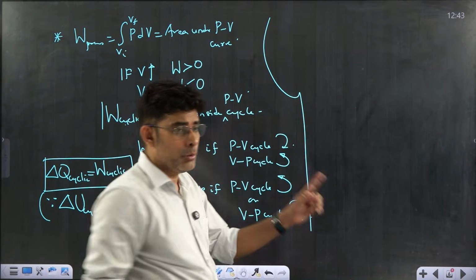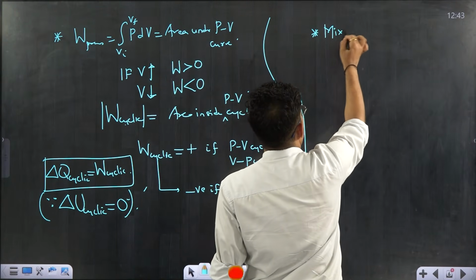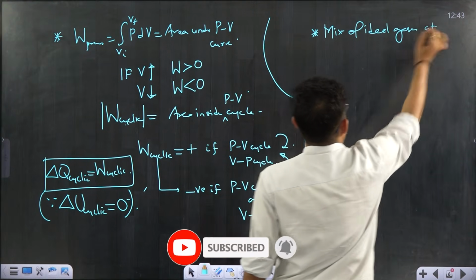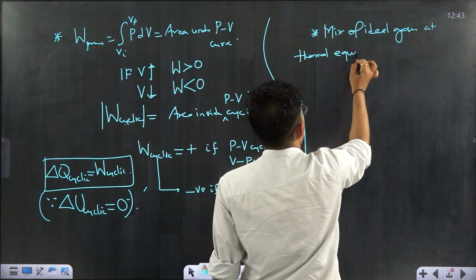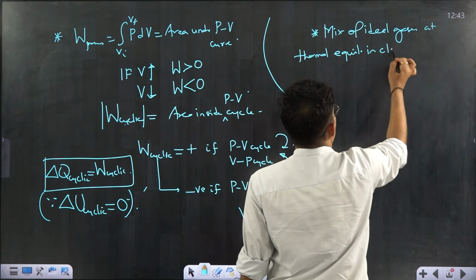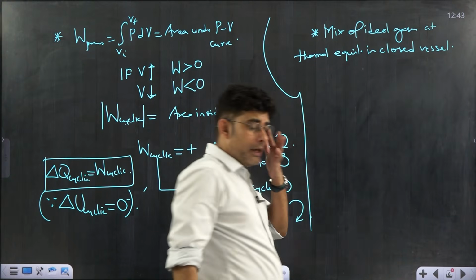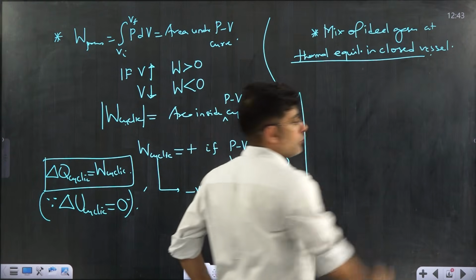Apart from this, one more important thing: whenever you see they have given a mixture of ideal gases at thermal equilibrium and in a closed vessel, all the gases have the same volume, same temperature. In that case, what all things should you remember?